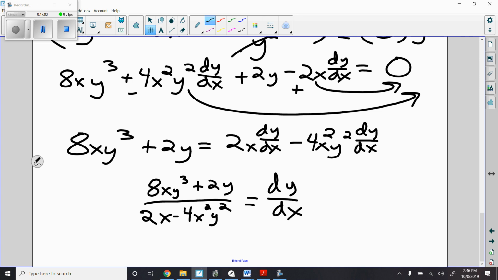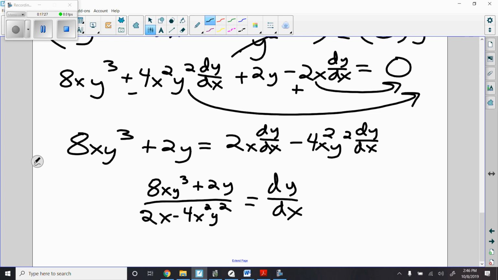And again, I have to think about simplifying here. You may be really tempted to cancel out some y's. You cannot do that because that 2x term does not have a y in it. We can't cancel out any x's either because of that 2y term that's on the top in the numerator on the right side.